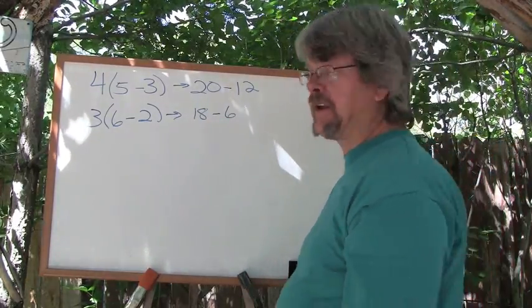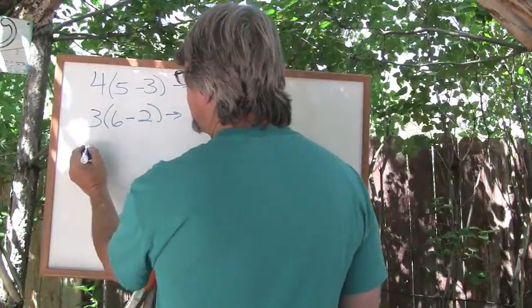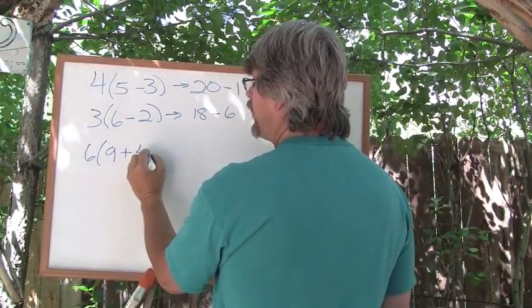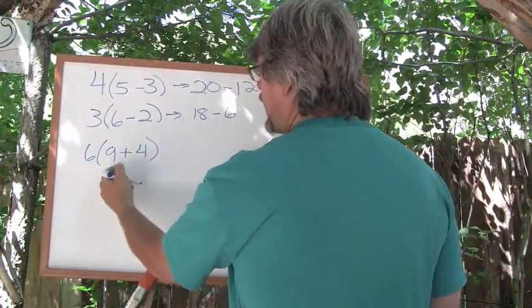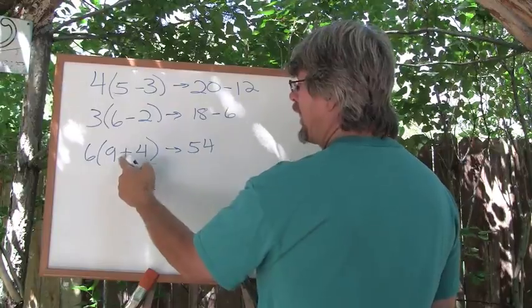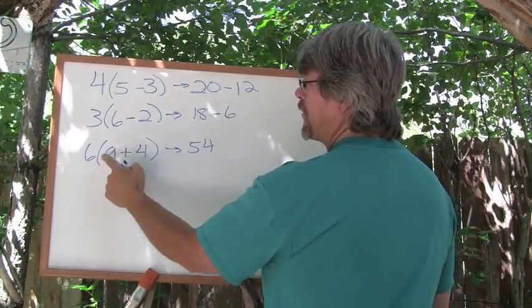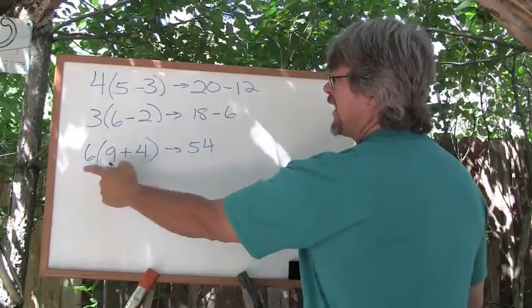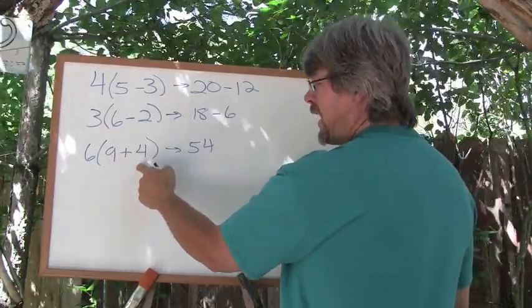It's that easy. You can change the numbers again to 6 times (9 plus 4). 6 times 9 is 54, plus 6 times 4. Remember, there's no sign here, so we're multiplying this term by each one of the terms in the parentheses.